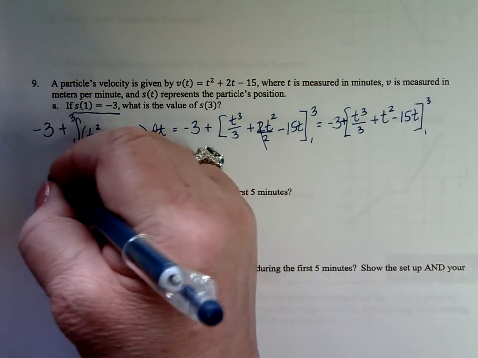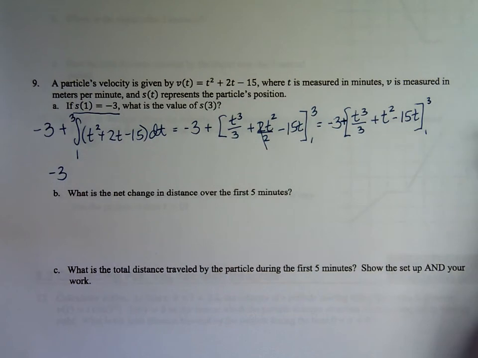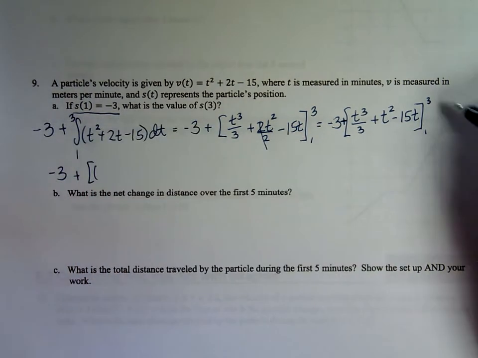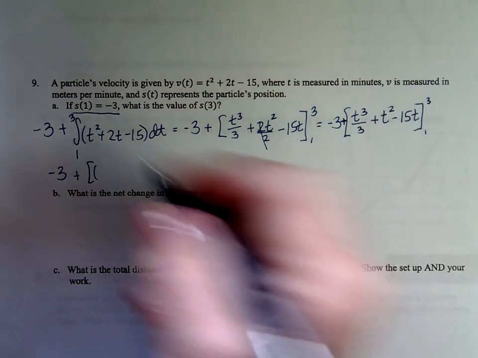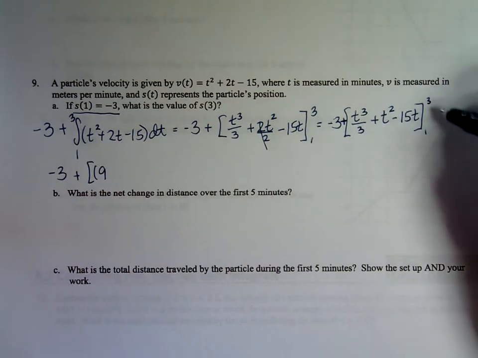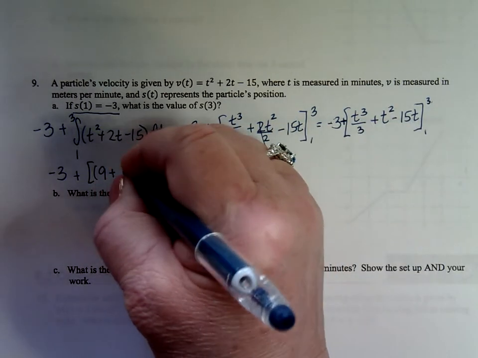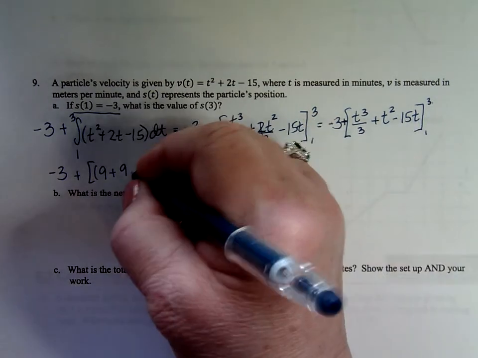Because they didn't tell us it was a calculator active question, we were supposed to do it the long way. Plug a 3 in. T cubed: 3 cubed is 27, 27 divided by 3 is 9. 3 squared is 9, 9 plus 9. 3 times 15 is 45, so minus 45.